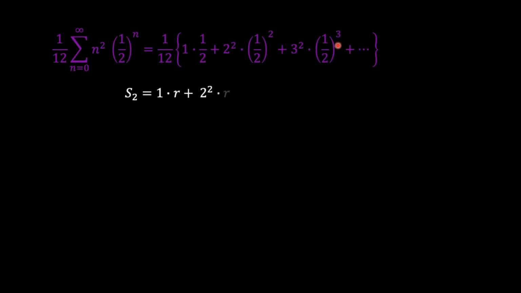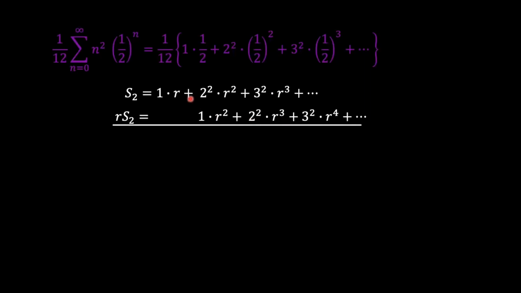So if we take the sum of n squared times a common ratio r to the power n as S2, and then we multiply r by S2, we have this same series but staggered in such a way that 1 is now multiplied by r to the power 2, and 2 squared multiplied by r to the power 3.